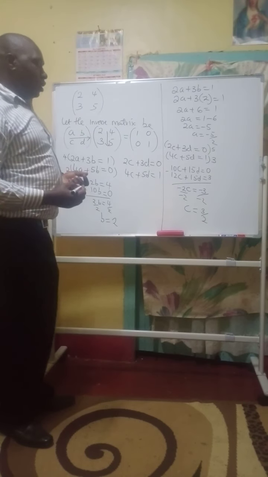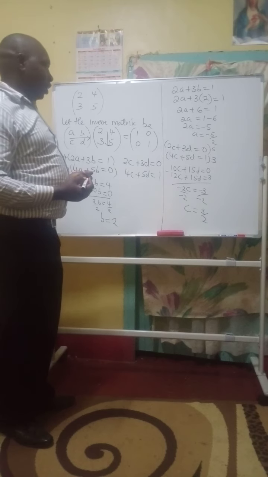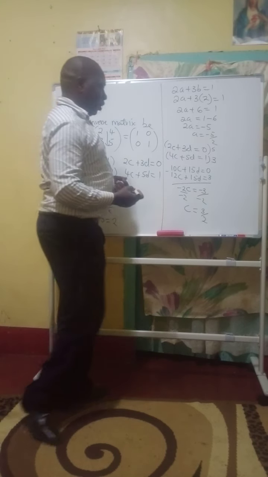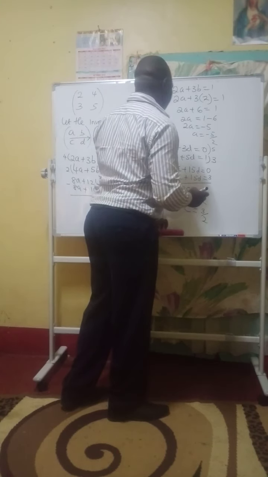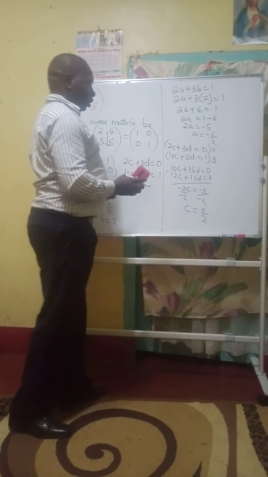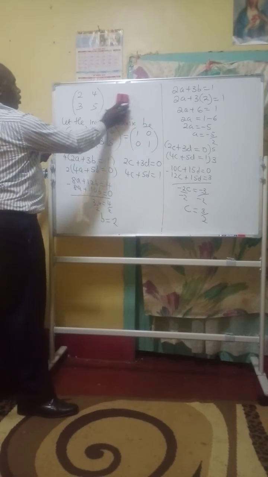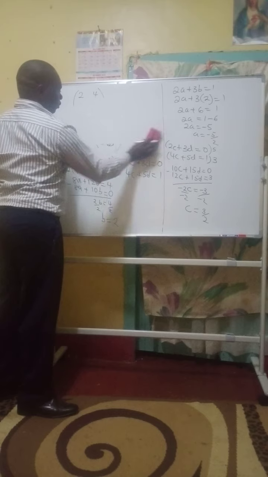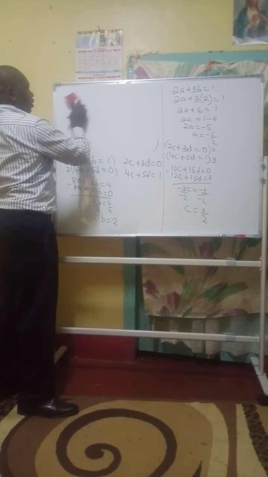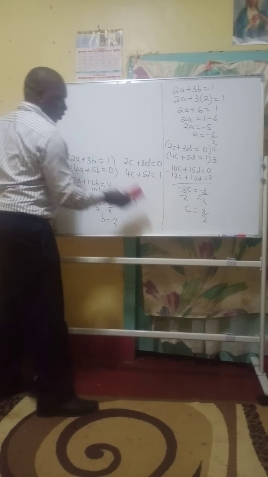Now after getting C, I can still get my D as follows. I will pick my equation as follows. Let me erase here so that I can get space to work it out.